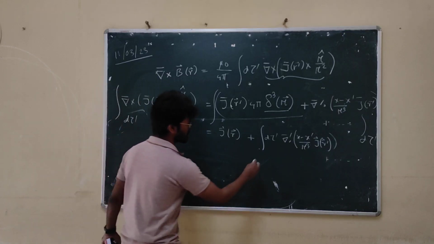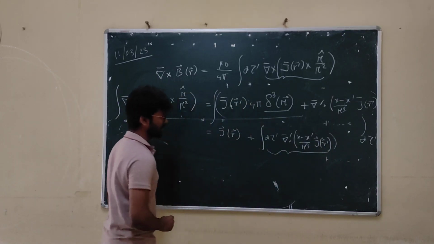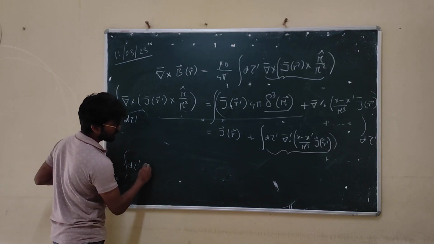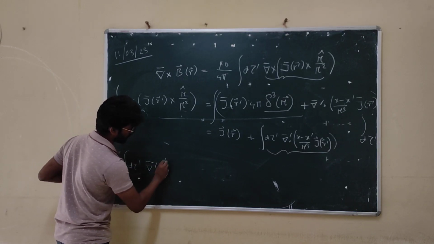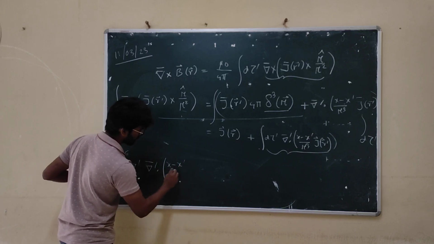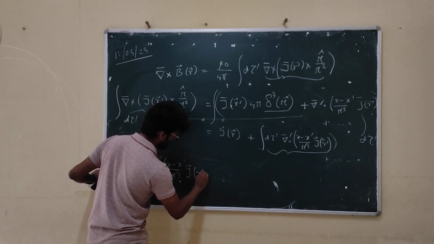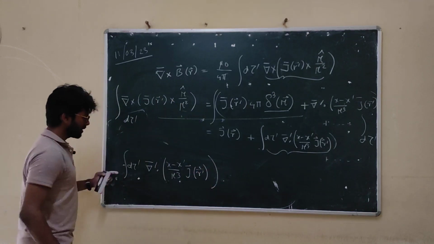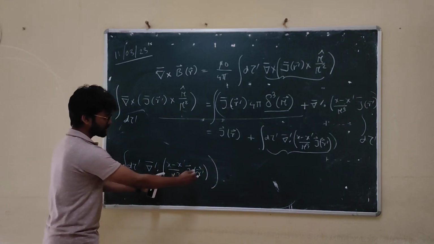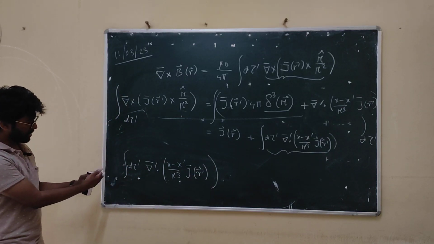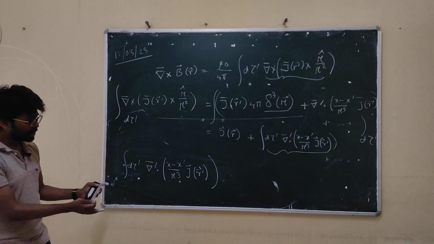Okay, so this integral d tau prime del prime dot (x minus x prime) over r cubed J of r prime. Now this is what? Del dot some vector function, over what? A volume. Which volume?